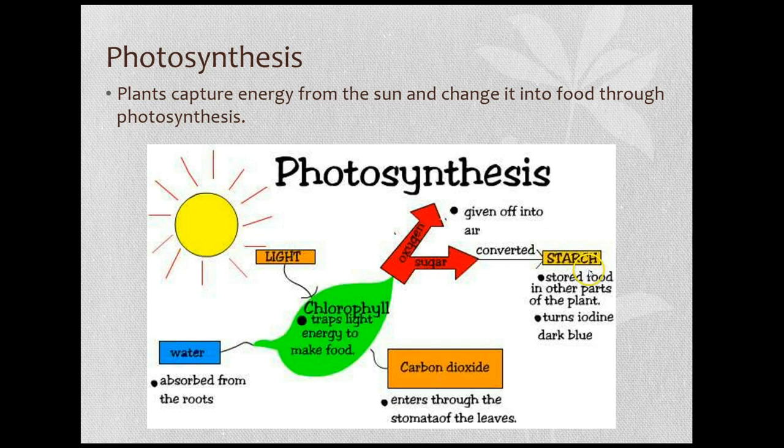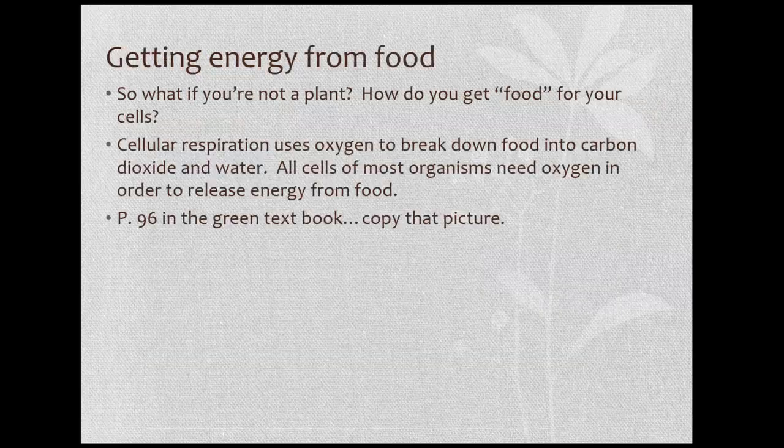It's converted into starch that's stored. That starch is stored in lots of different places in the plant. A lot of times it's stored in the stem. In a potato, it's stored in all the potato. And starch, when it comes into contact with iodine, is supposed to turn blue, which was the whole goal for our lab that we did last week, but it didn't quite turn out right. So anyway, there's photosynthesis in a nutshell.